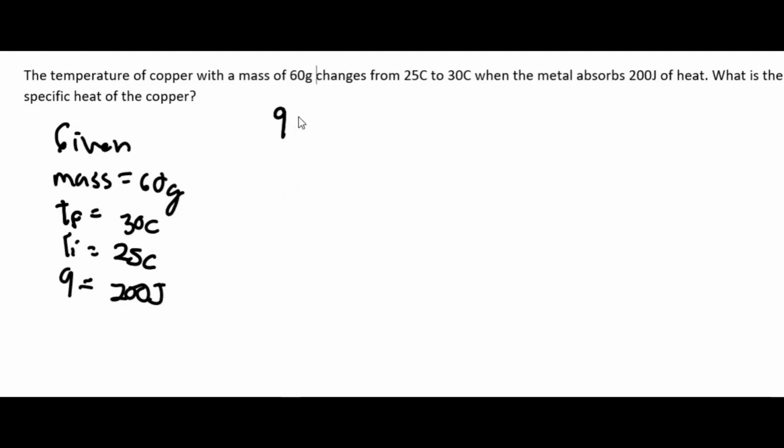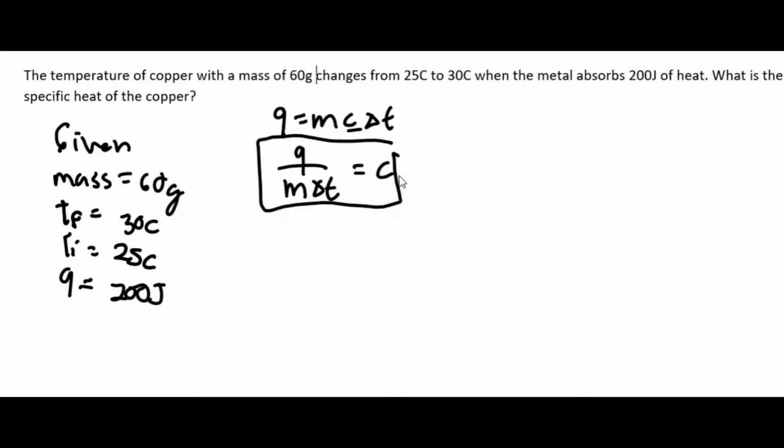So Q equals mcΔT. We're missing the specific heat. We want the specific heat to be alone on this side while transferring m and ΔT. So let's divide by m and the change of temperature. Now, let's substitute the given.